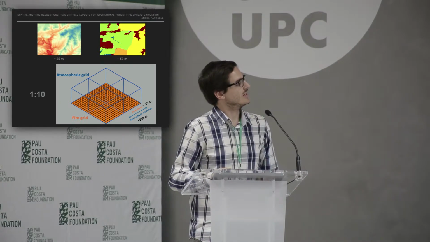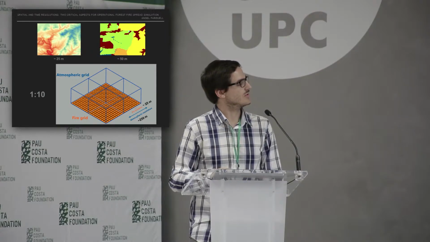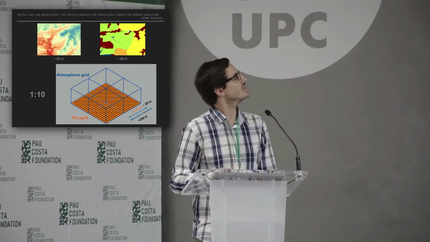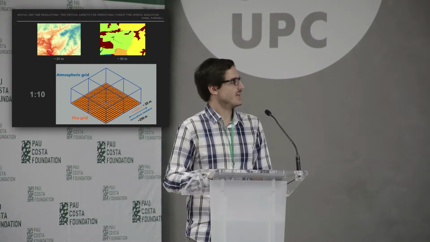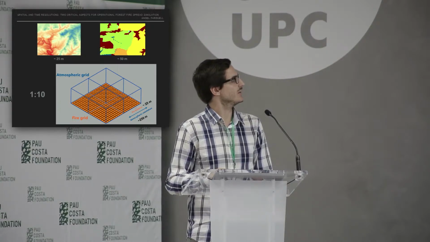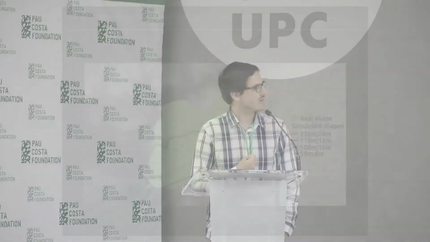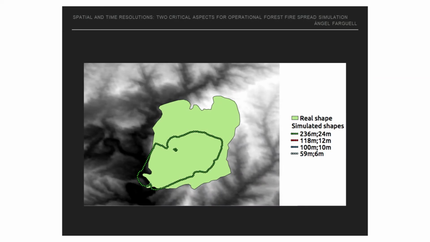So it's like the example: the atmospheric resolution has to be 250 meters, and the time step less than 1.5 seconds. And this is the result using this configuration. We can see that we are underestimating the real fire.